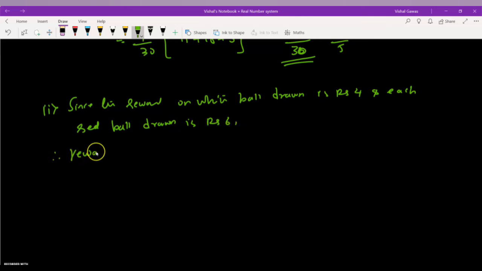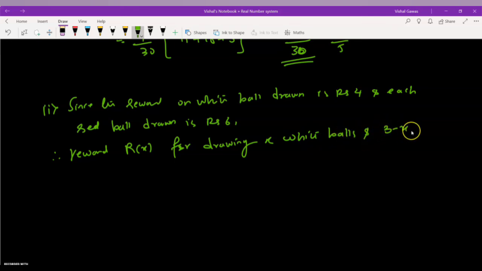Therefore, the reward Rx for drawing x white balls and 3 minus x red balls is given by rupees 4 into x plus 6 into 3 minus x.